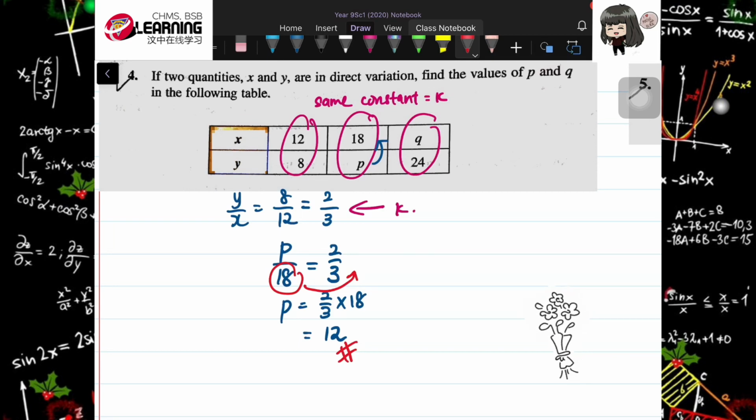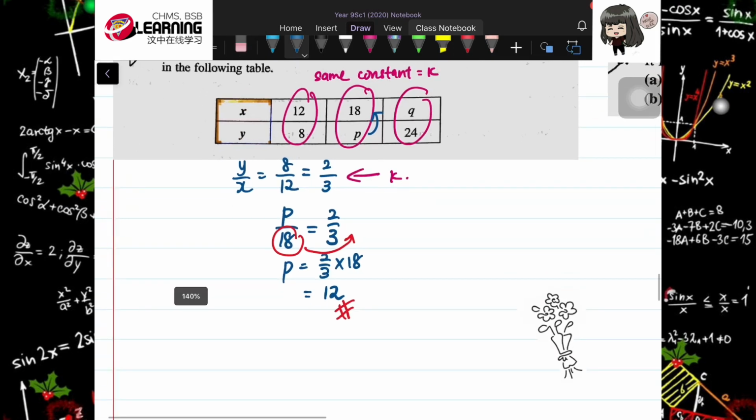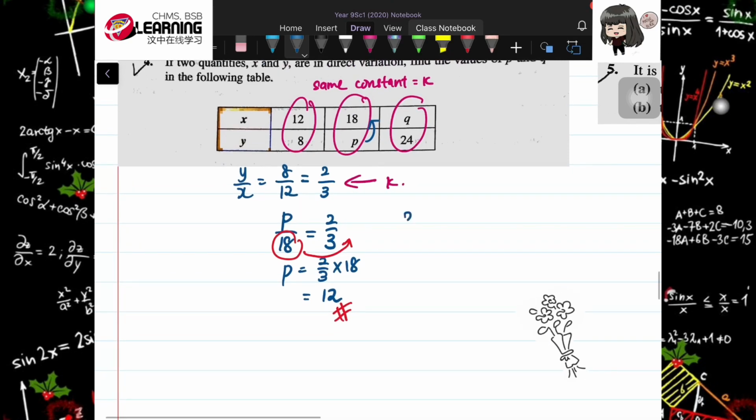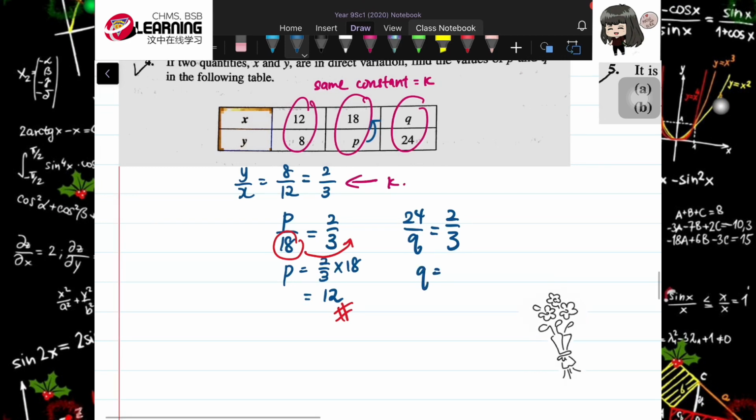Next one, 24 over q. y over x is also equal to the constant 2 over 3. So you can cross multiply to find the answer.